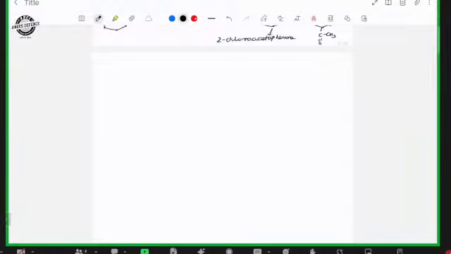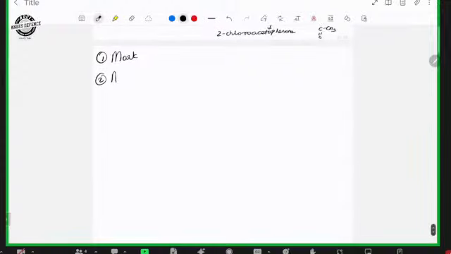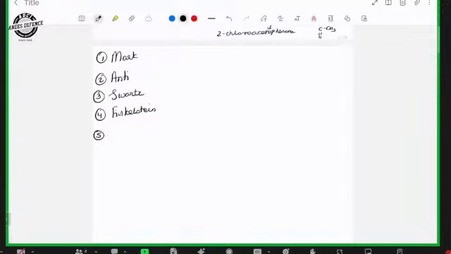So what are the name reactions which we have studied? First was Markovnikov rule. Second was anti-Markovnikov rule. Third was Swartz. Fourth was Finkelstein. Fifth was the Saytzeff rule.